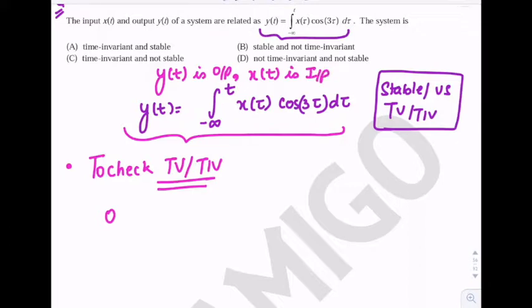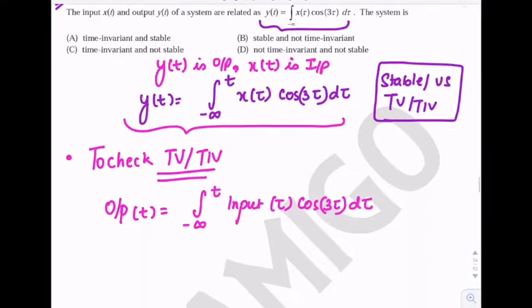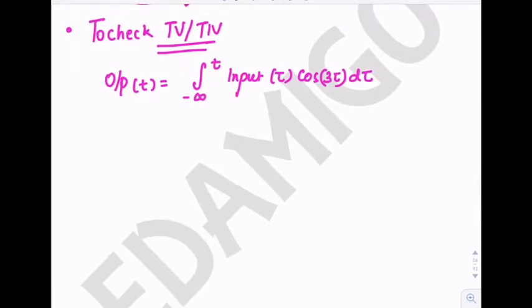Now we can say that output y(t) is equal to the integral from minus infinity to t of x(tau) cos 3 tau d tau. Okay. So this is step 1.